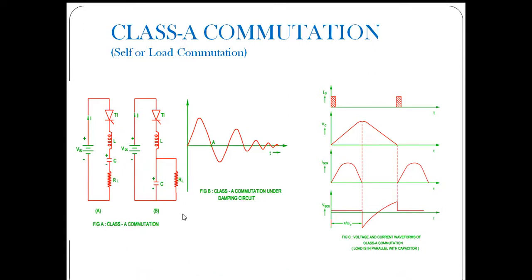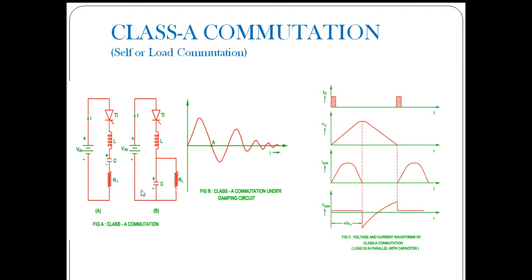So this is the class A commutation process. It consists of the passive components R, L, C, which are placed in series with the thyristor T1. This entire circuit is connected in series with the DC supply.